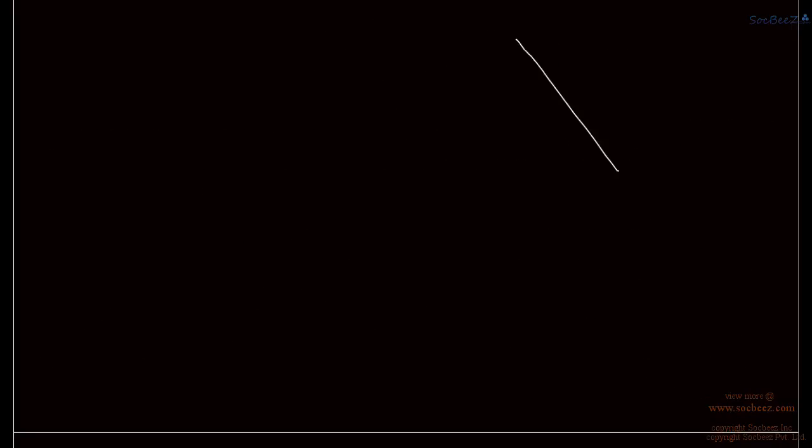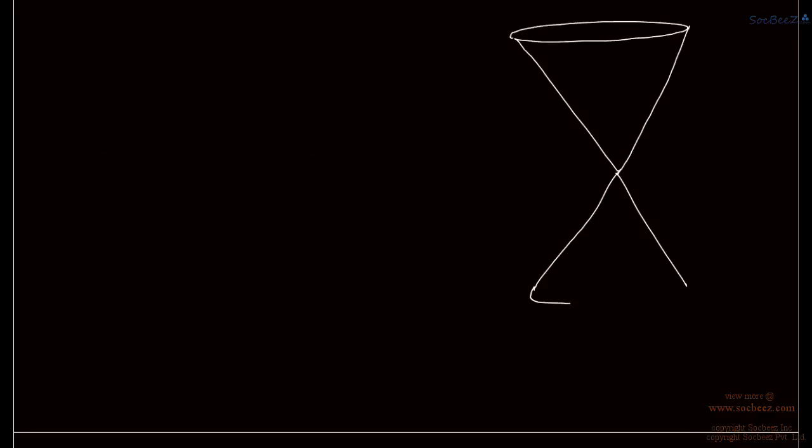Say suppose this is a cone. Let us extend this cone in vertical direction. This is a cone. So whatever we study in two-dimensional coordinate geometry, all are a part of conic section.